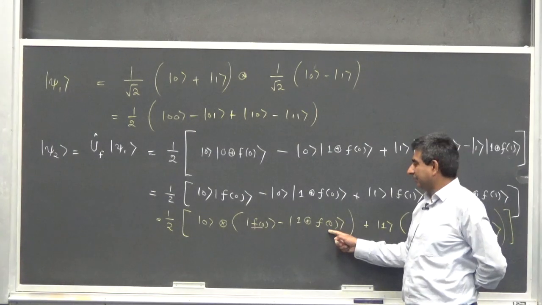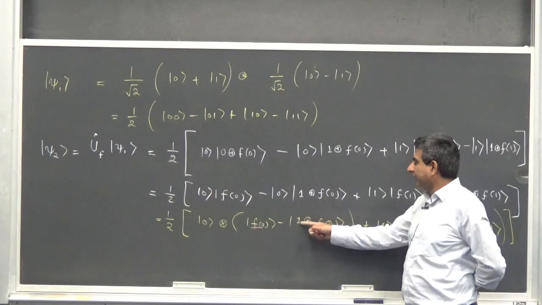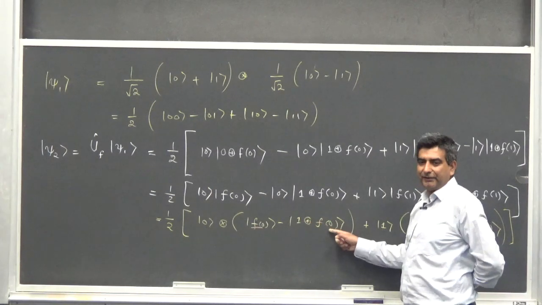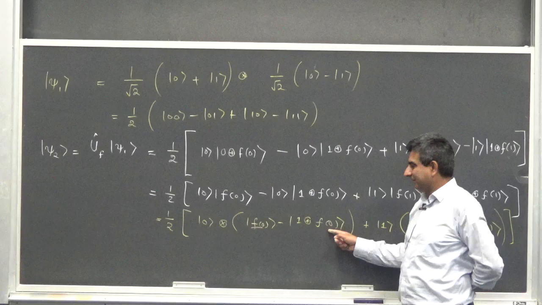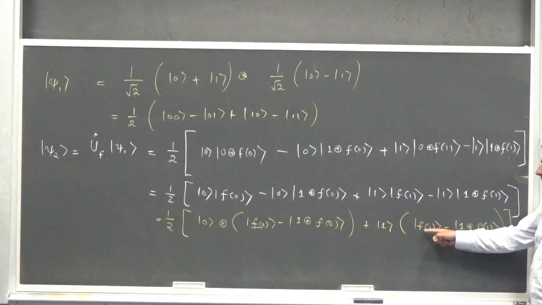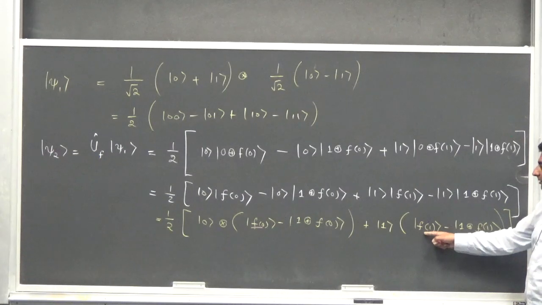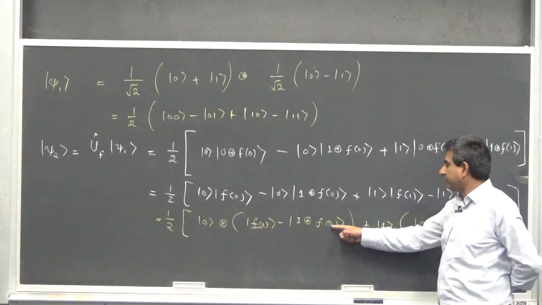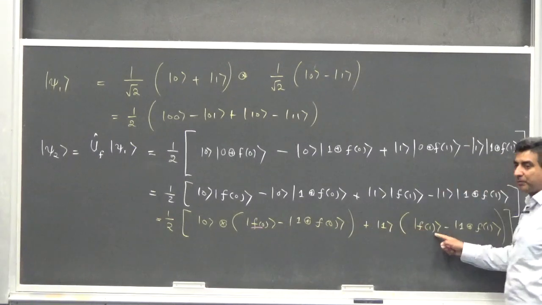Right? And 1 exclusive OR with 1 is 0. So if this were balanced, then this would be 1.